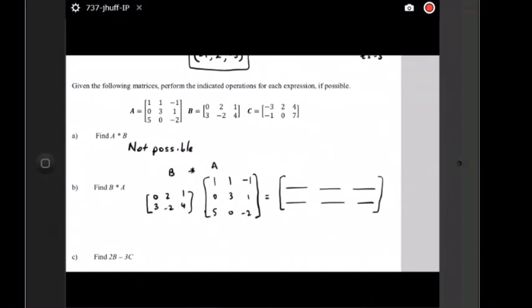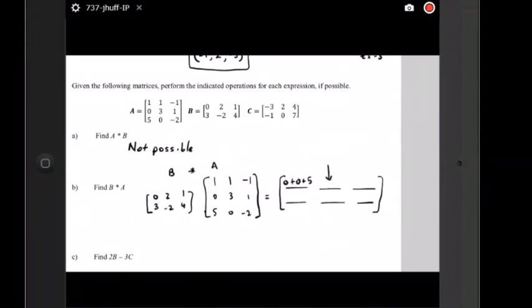So row 1, column 1 is going to be row 1, column 1. So we're going to have 1 times 0, which is 0, and then 2 times 0, which is 0, and then 1 times 5, which is 5.